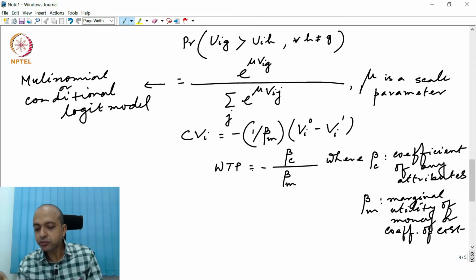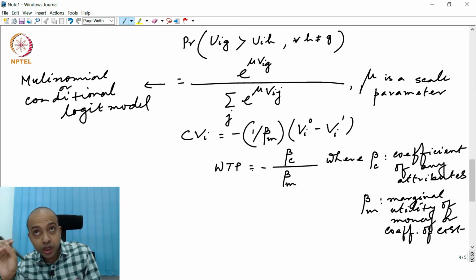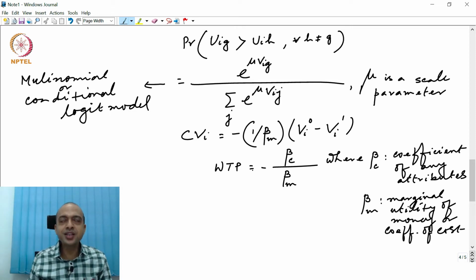Because the coefficient of price will turn out to be negative, since the higher the price, the less probable the respondent is to take that option. The probability of selecting an option is inversely related to the price tag attached, so ultimately the willingness to pay turns out to be positive.